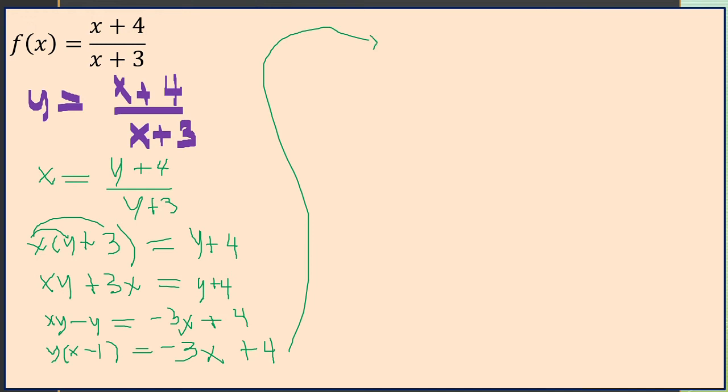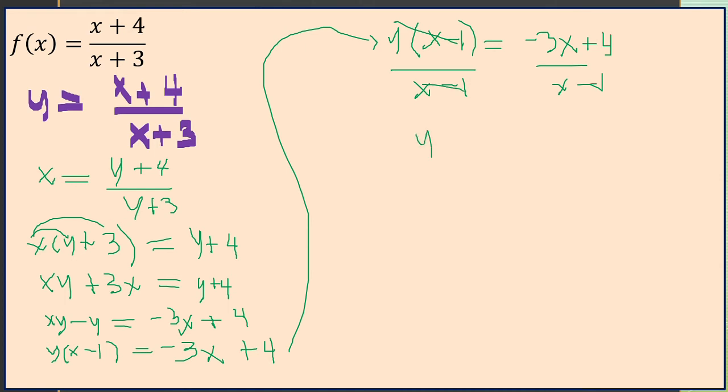Copy natin ulit, okay, divide natin both sides by x minus 1. And then dito, x minus 1. Then cancel out ito. Then natira na lang po is y is equal to negative 3x plus 4 all over x minus 1. So meaning to say, we have the result of the inverse of this function f of x equals x plus 4 over x plus 3.